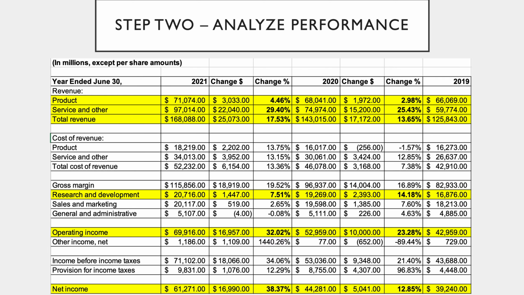And so you just want to pick those line items. So what I did here is I just said in this particular case, we should look at the revenue makeup. So we've got product and service revenue, two very different types of revenue, right? With product revenue, we're going to have higher cost of goods because they're physically making something. There's a physical, tangible thing that's being made. Services, that's not necessarily the case.